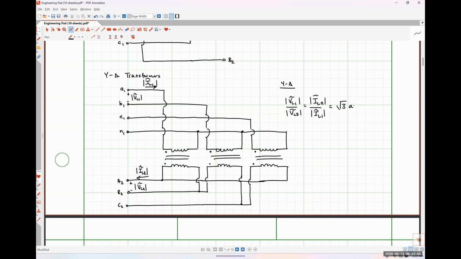If we do it in the opposite direction, so if let's say we're counting our delta as our primary and our Y as our secondary, we'll have the relationship: the magnitude of VL1 over the magnitude of VL2 is equal to the magnitude of IL2 over the magnitude of IL1, which is equal to A divided by the square root of 3.